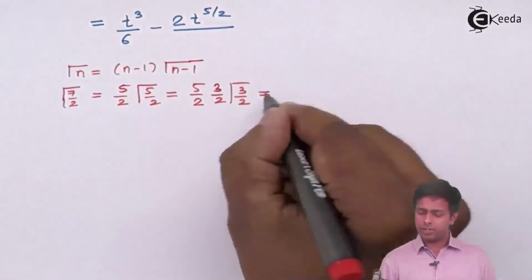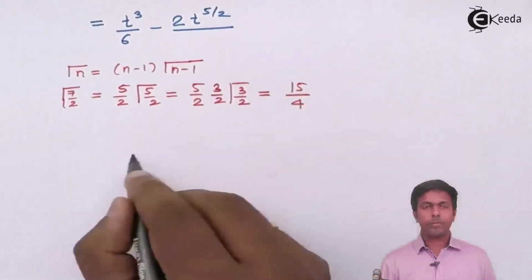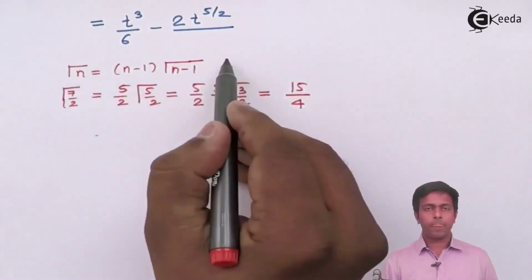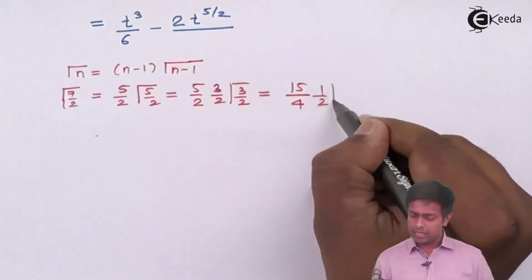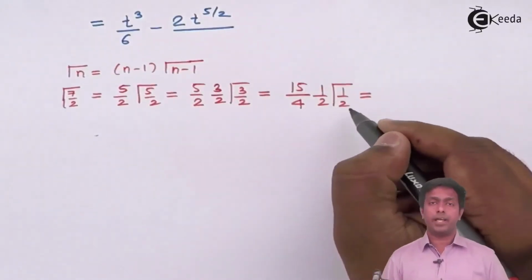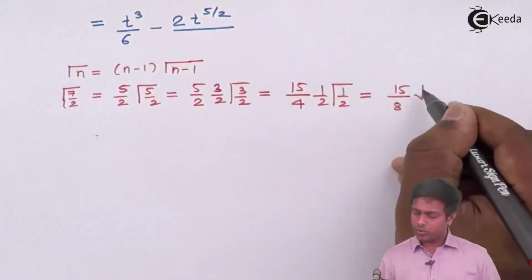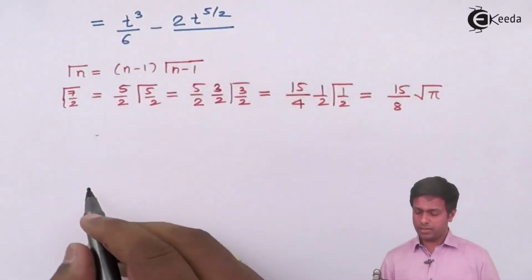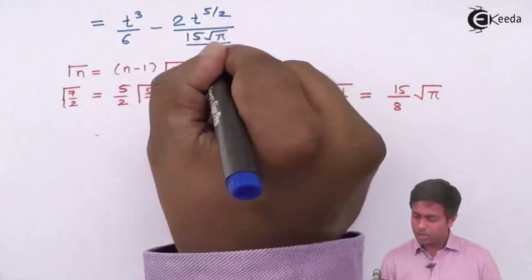Now let's keep these two terms as they are, that is 5 threes are 15 upon 4, and for this gamma 3 by 2 we will use the same formula again. So 3 by 2 minus 1, that is 1 by 2 gamma 1 by 2. And guys, we all know that the value of gamma 1 by 2 is root pi. So that is 15 upon 8 into square root of pi. I will put this value in the denominator, so that will become 15 into root pi upon 8.